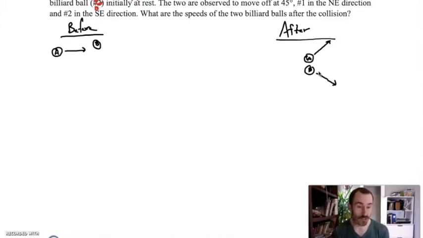Okay, and if we look at their components, we can say, just like in the previous one, that the x momentums at the end have to be equal to the x momentums that were there at the beginning. And the y momentums at the end have to be equal to the y momentums that were there at the beginning as well.